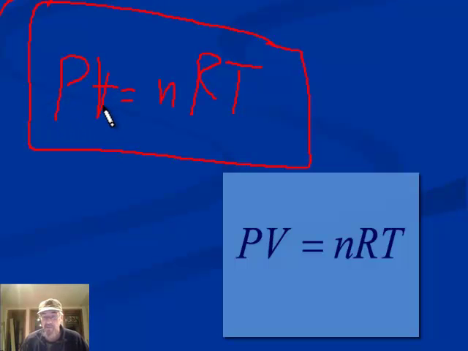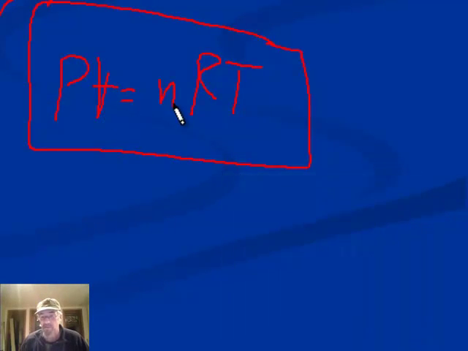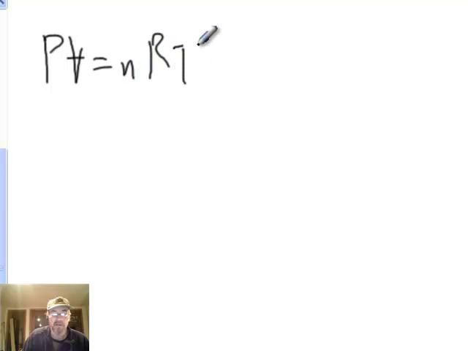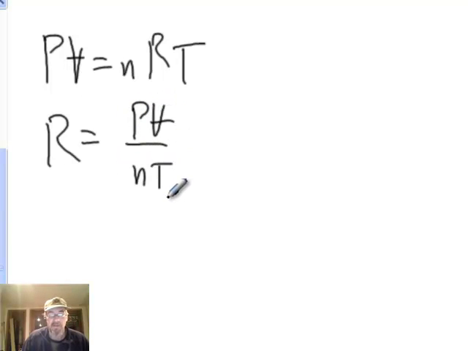It says that the product of pressure and volume is equal to the product of number of moles times this constant times T. A good thing to do would be to figure out what the value of R is. Starting out from the ideal gas law, PV equals nRT, let's solve for R. We could do that by dividing both sides by N times T. So R is PV over N times T. Let's plug in some numbers for conditions that we know, and that's standard temperature and pressure.